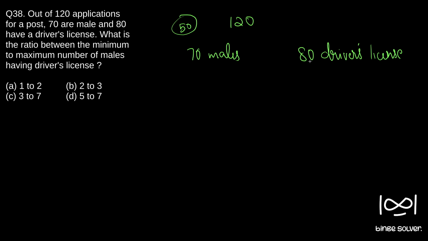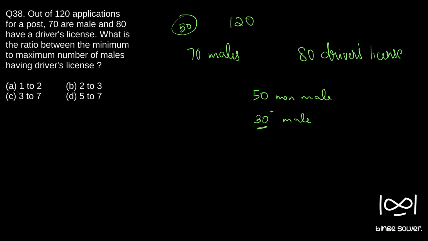So out of 80 people, 50 non-males have a driving license. The only left spot is 30. 30 more people have a driving license, and those have to be males, since all non-males were already included. So 30 people should be males.